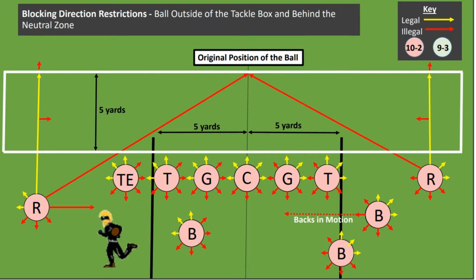At this point, the offensive players can no longer block back towards their goal line. And also, all players are now restricted to the 10-2 blocking of the clock face. Only the center has the option to block towards the original position of the ball to either side.